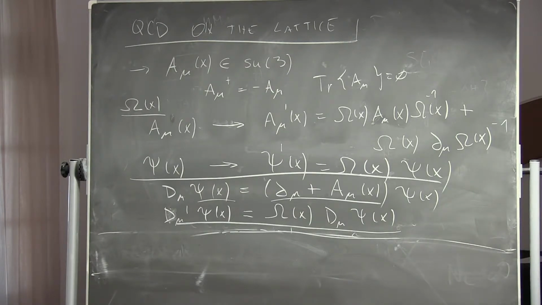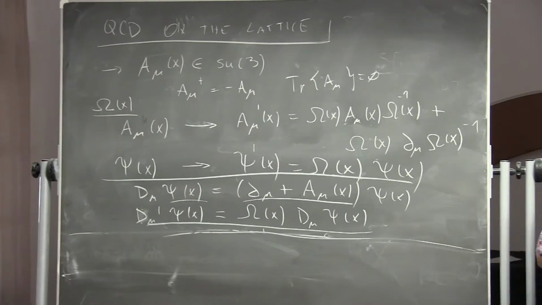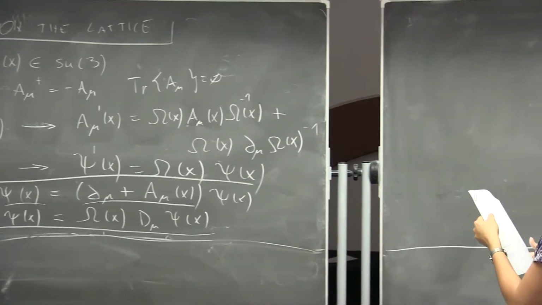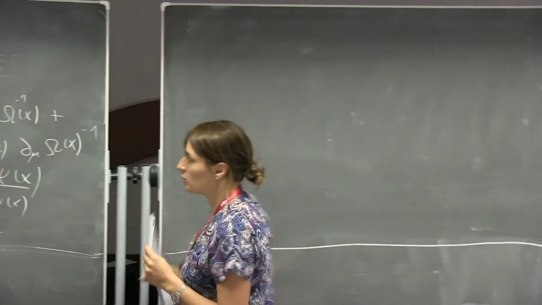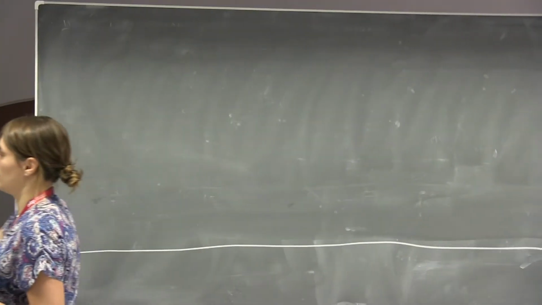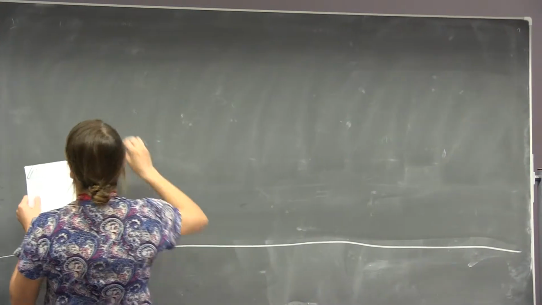And if I want to write down the fermion action on the lattice, we would just have to discretize the covariant derivative.